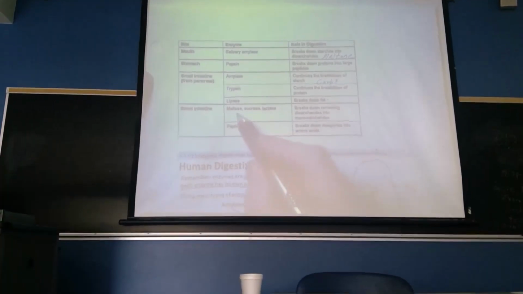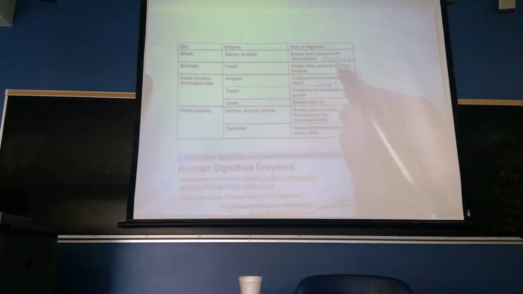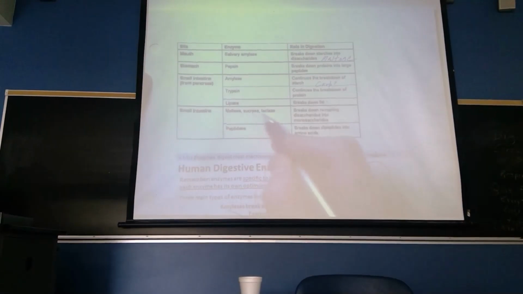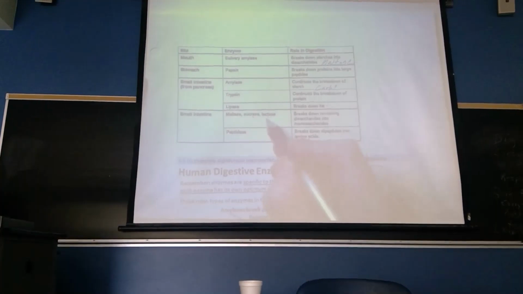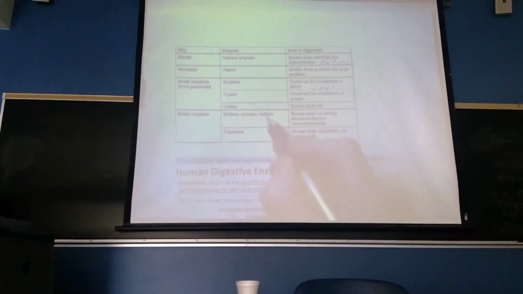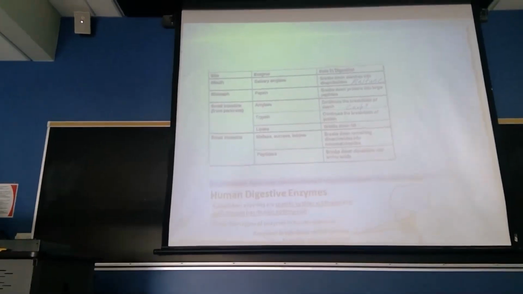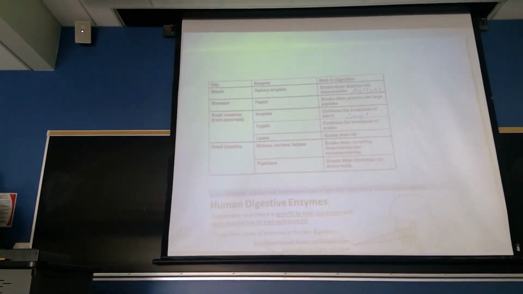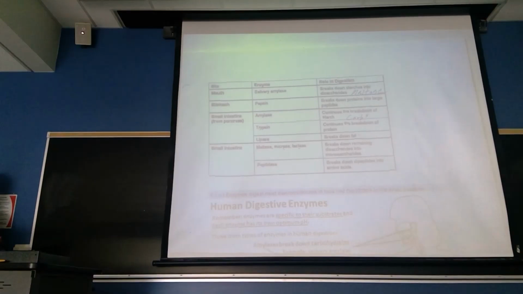And in the small intestine, you have maltase, which attacks maltose, sucrase, which attacks sucrose, and lactase, which also breaks down milk sugar. For those of us who can produce lactase, because the genes for lactase tend to shut off as one ages, and some people are born lactose intolerant.